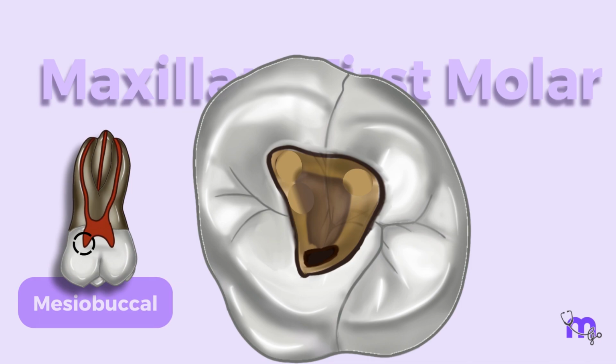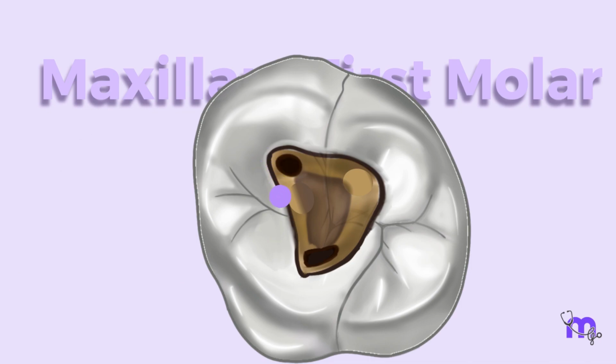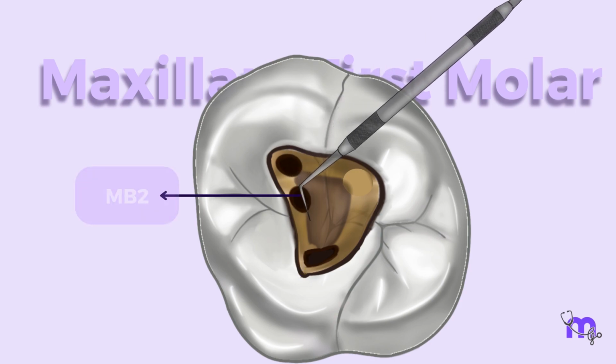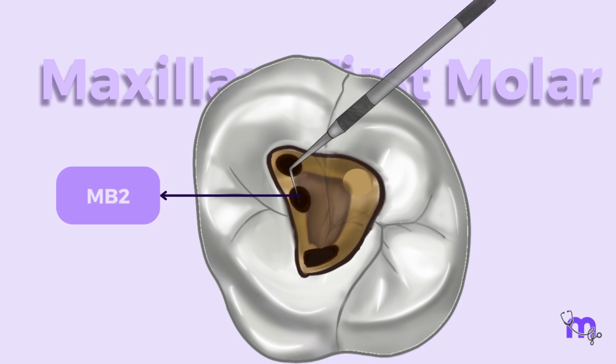The mesiobuccal pulp horn was present under the mesiobuccal cusp. This elongated buccopalatally, with a depression at the palatal end. Consequently, I located a 4th canal, MB2, after probing the tip of the DG16 explorer in a mesiobuccoapical inclination.